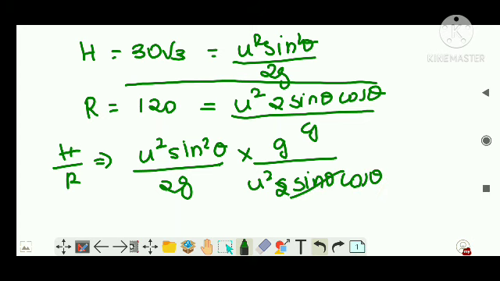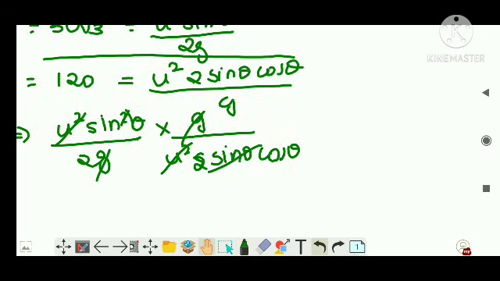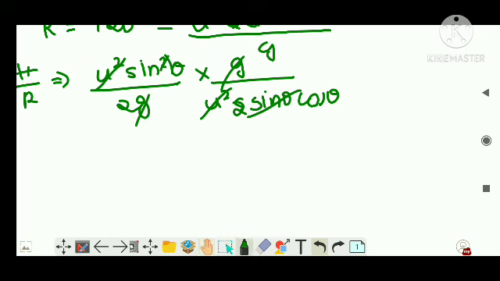So one sine theta cancels out, u squared cancels out, g cancels out. Actually, you could have used the first step, but I'm writing it entirely. Okay, so it is sine theta by 4 cos theta.